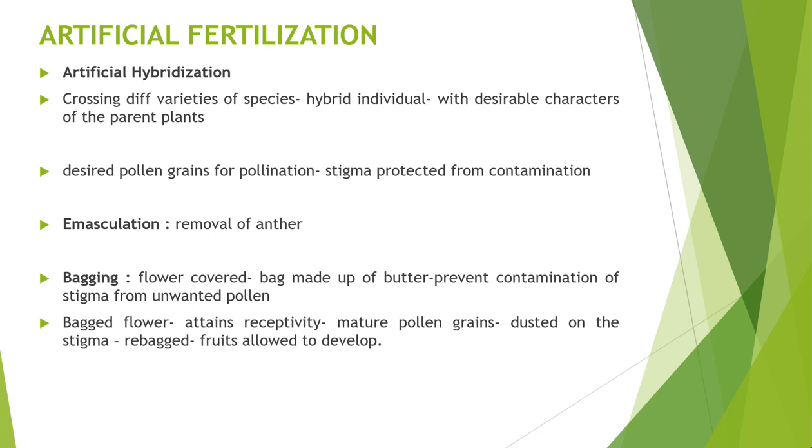Now, regarding emasculation, what happens if the flower is small? If the flower is small, the anther will also be small. Then sometimes a suction pump is used to suck out the anthers present on that small flower. If the flower is big, like china rose or hibiscus, we remove the anthers.